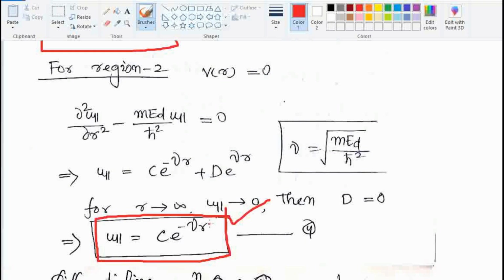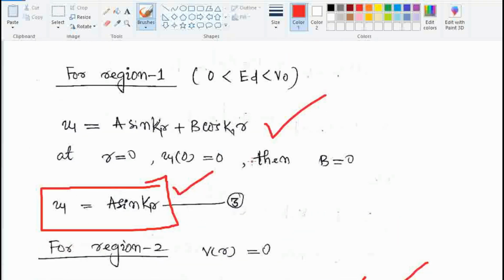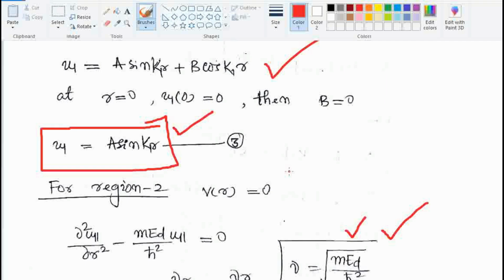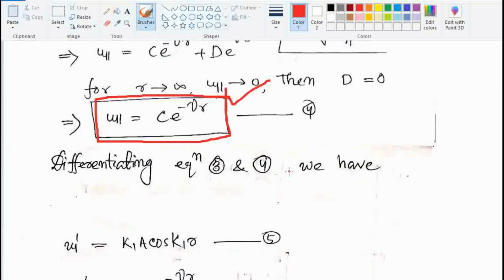So those types of conditions you have to put, and you remember that here this gamma has a value of root over of m E D by h-bar square. This is the value of gamma, and here kappa 1 has the value of this. Now you have to find the differentiation.